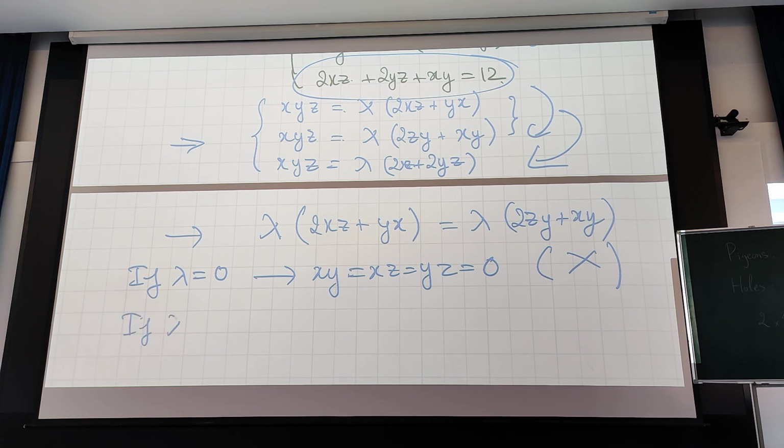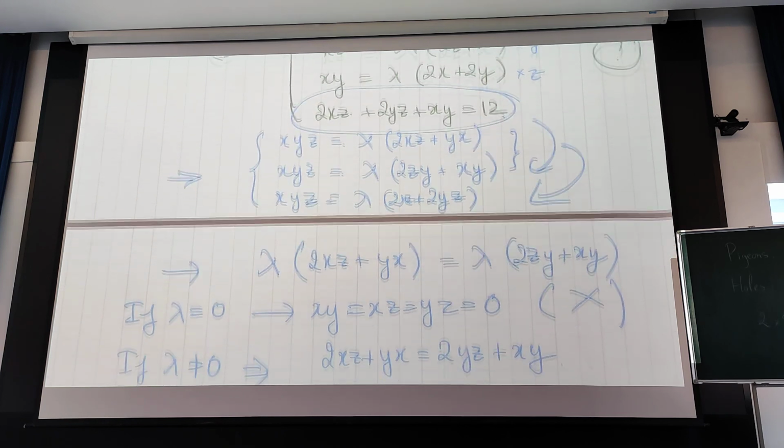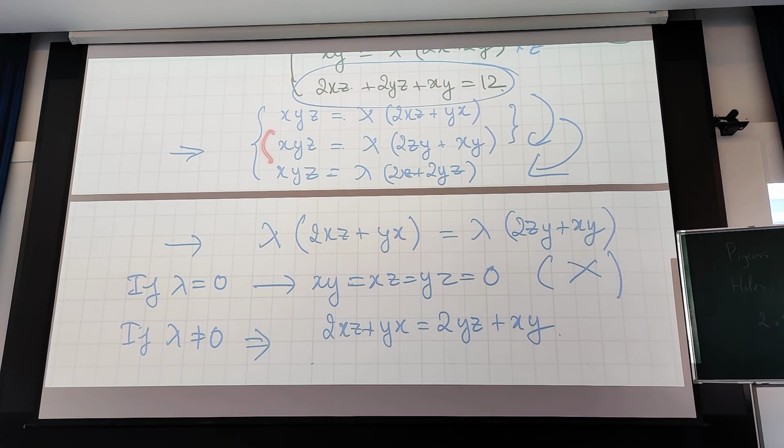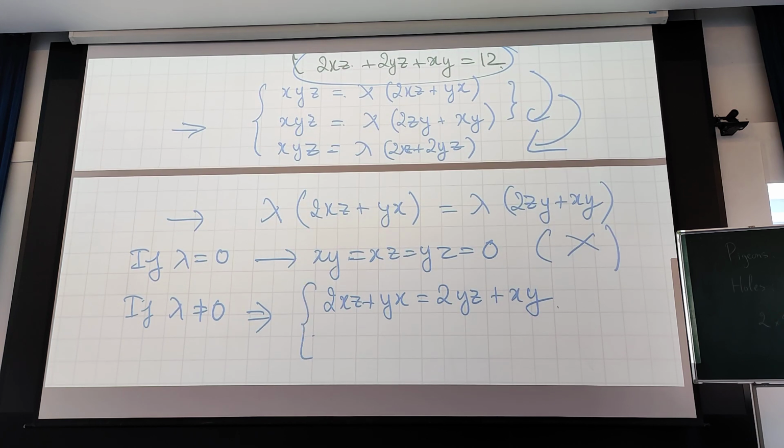So if lambda is non-zero, then you have 2xz plus yx equal to yz plus xy. Okay? Comparing this equation and this equation, you also have 2yz plus xy equal to 2xz plus 2yz.